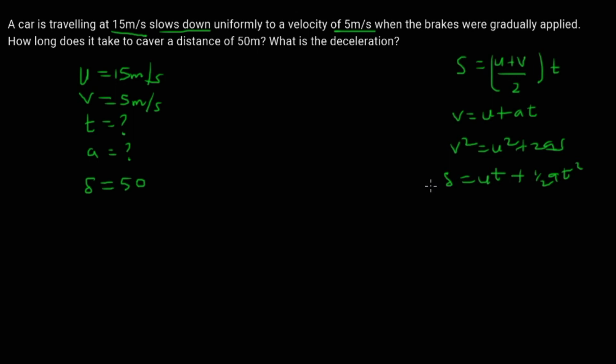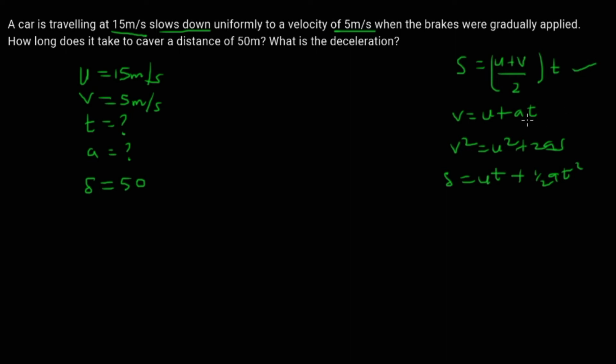We can use any of the equations provided that we have the complete parameters. For the first equation we have s, u, and v, then t is unknown, so this is suitable for this question.